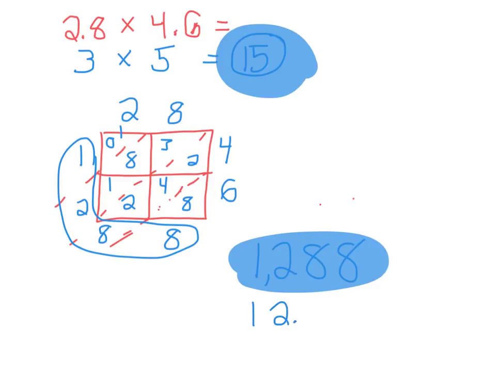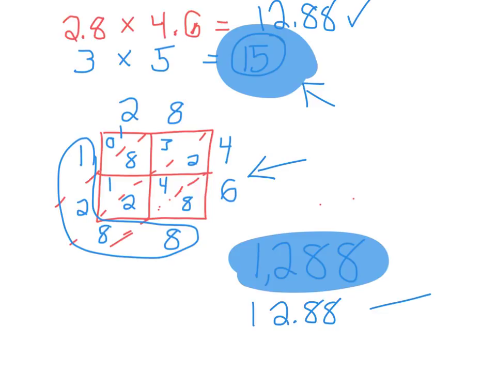So I get 12.88, which is what I'd expect, a number that's close to my estimate. So 2.8 times 4.6 equals 12.88, which is the correct answer. Step 1, I estimated. Step 2, I multiplied ignoring the decimals. Step 3, I used my estimate to put the decimal into the product.